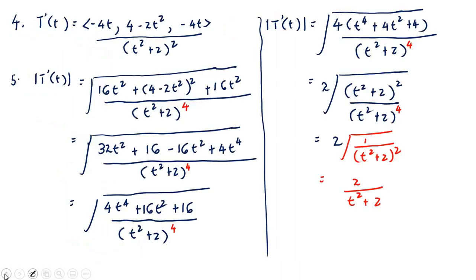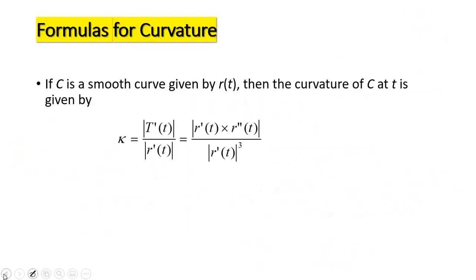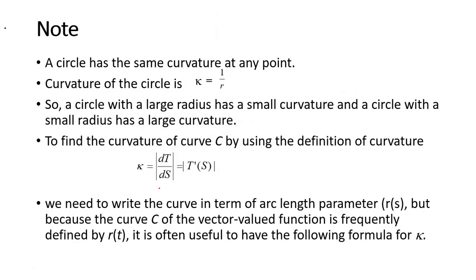So I said, if you are given a choice and the magnitude of R prime t is not constant, it will be easier to use this formula: the magnitude of R prime t cross R double prime t divided by the magnitude of R prime t power 3. This is what we call the third formula. In total, we have 3 formulas to find curvature. The first is the magnitude of T prime s.